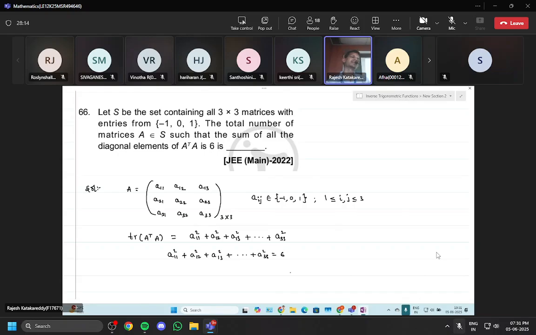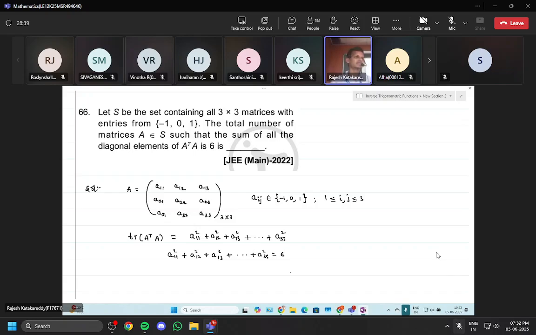Clear? Let's imagine a situation where I'm using 9 ones. If I use 9 ones in the matrix and add the squares of all the elements, in such a matrix we will get 9. 1 square, and so on going till 1 square, it will be 9.